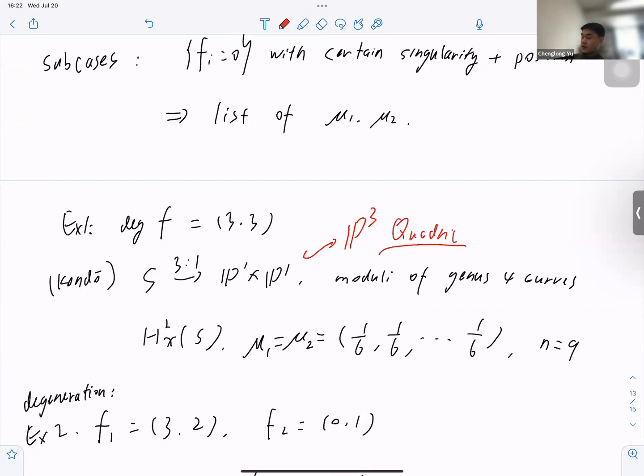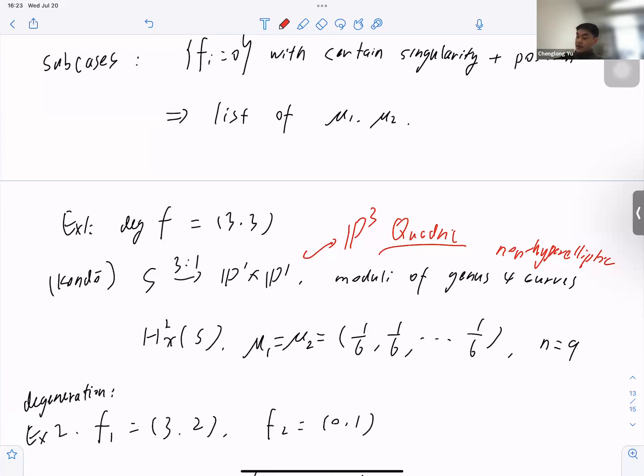And we know that a smooth genus 4 curve, non-hyperelliptic, is always a complete intersection of a quadric with a cubic inside P3. So in other words, it's a degree 3 curve inside P1 cross P1.